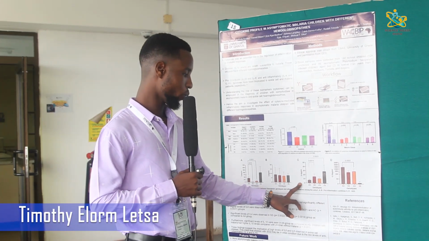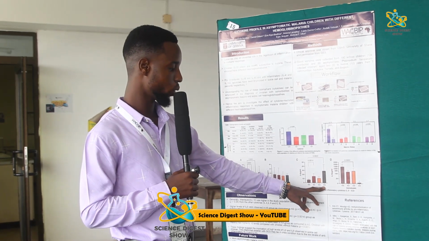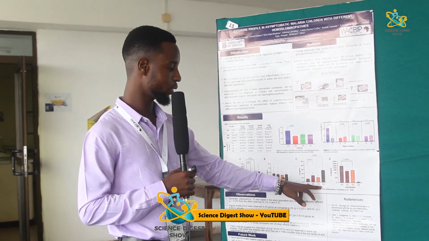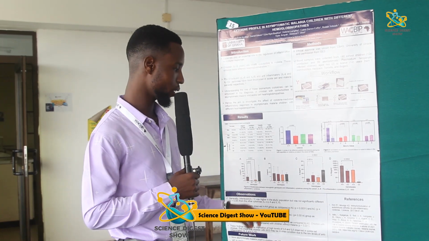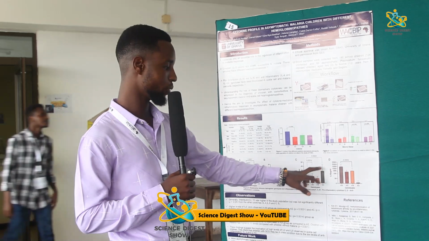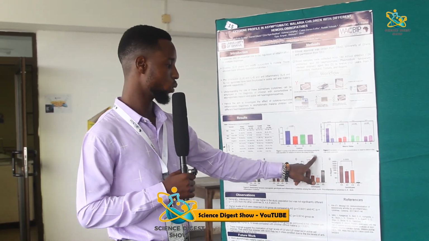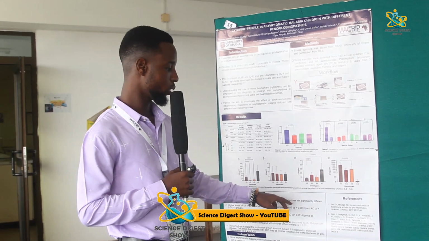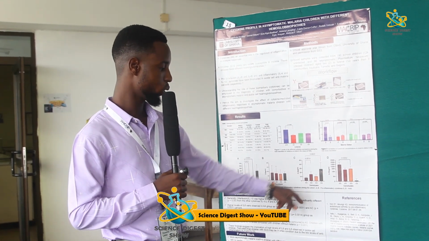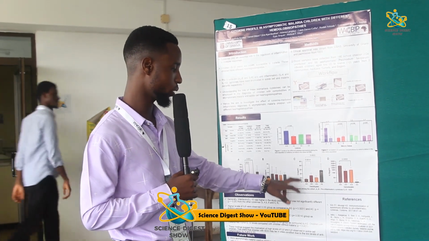For IL-4, we saw that individuals who are sickle cell anemic expressed the highest level of IL-4, and this was significant because of its p-value, which is 0.0022. Similarly, individuals who have the genotype AC have significant expression of IL-4.